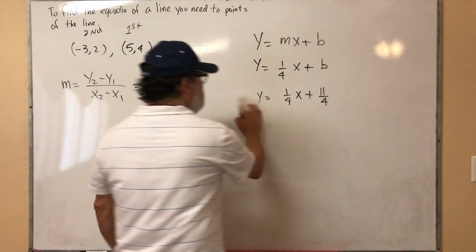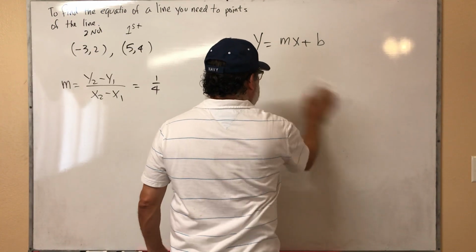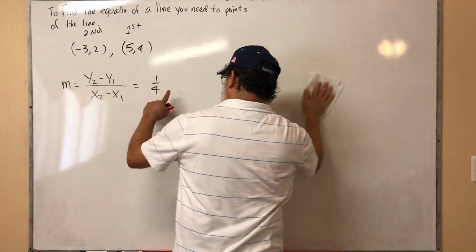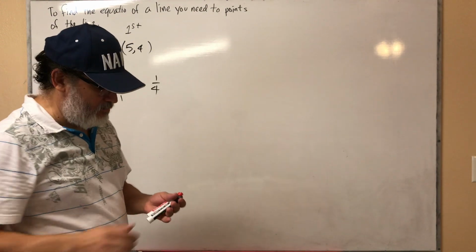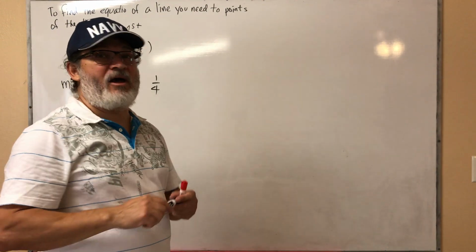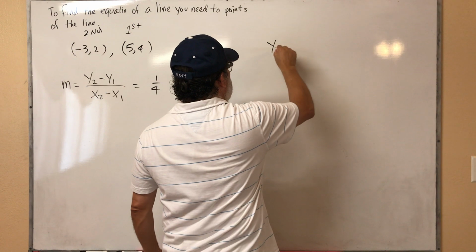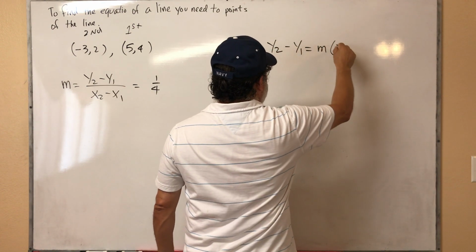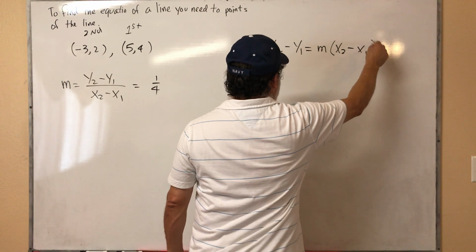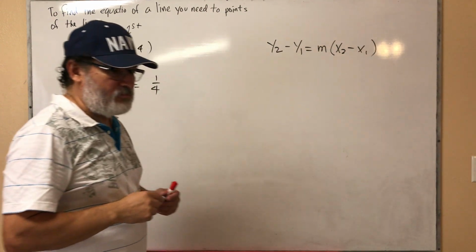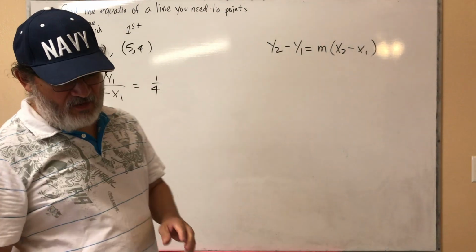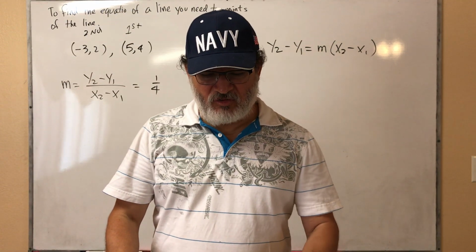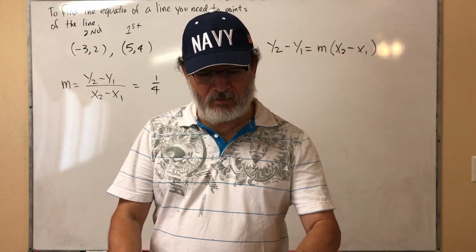You find the slope, okay? I just did that. But you can also use this formula: y2 minus y1 equals m times x2 minus x1. This is another formula you can use.